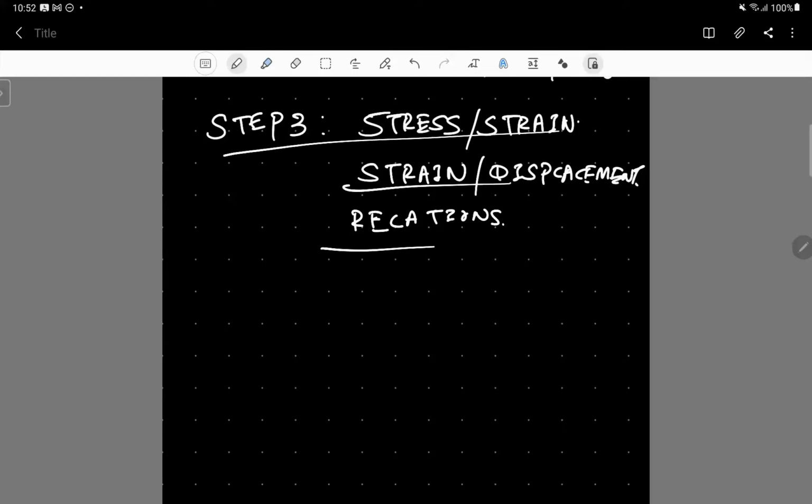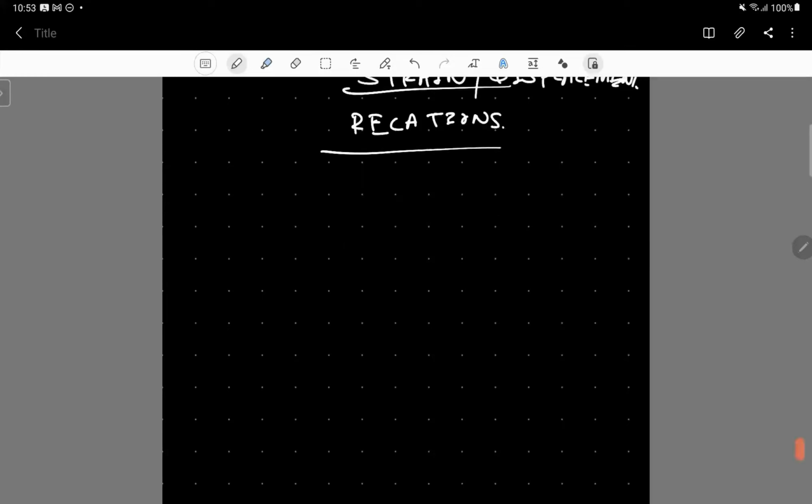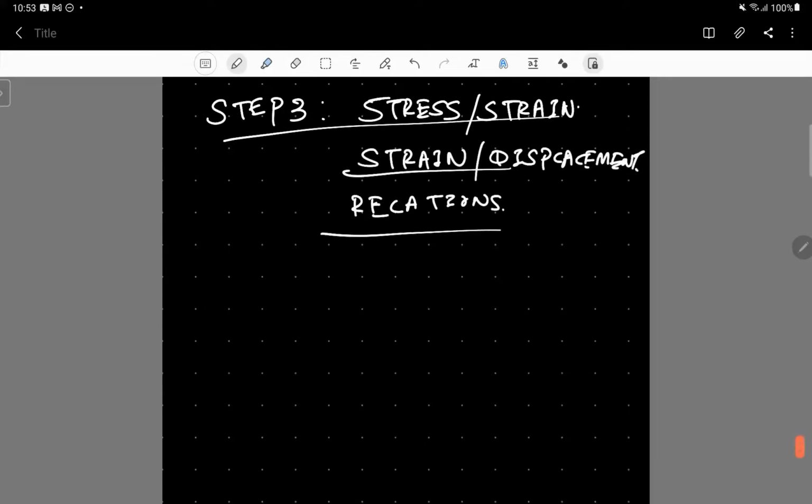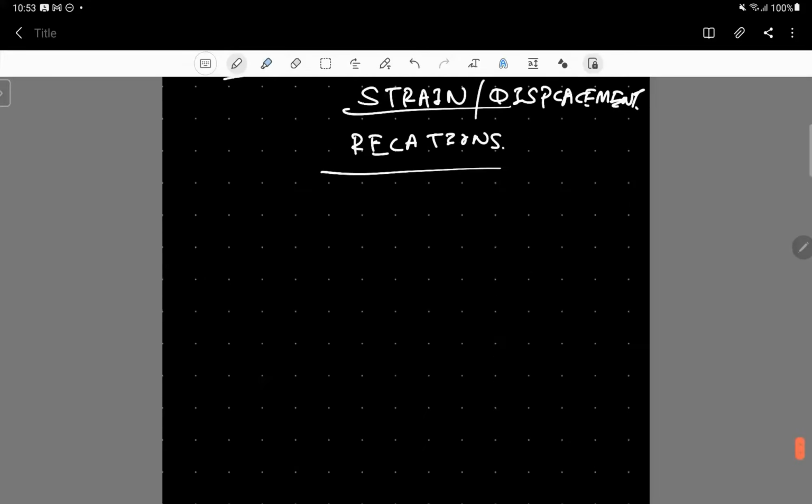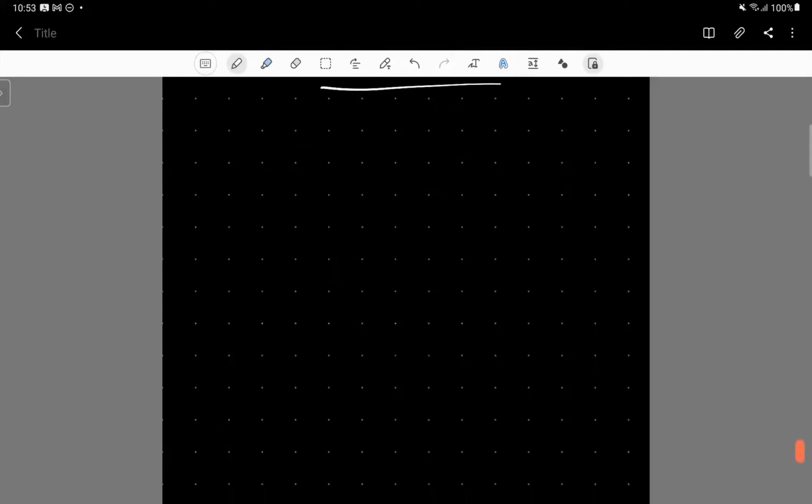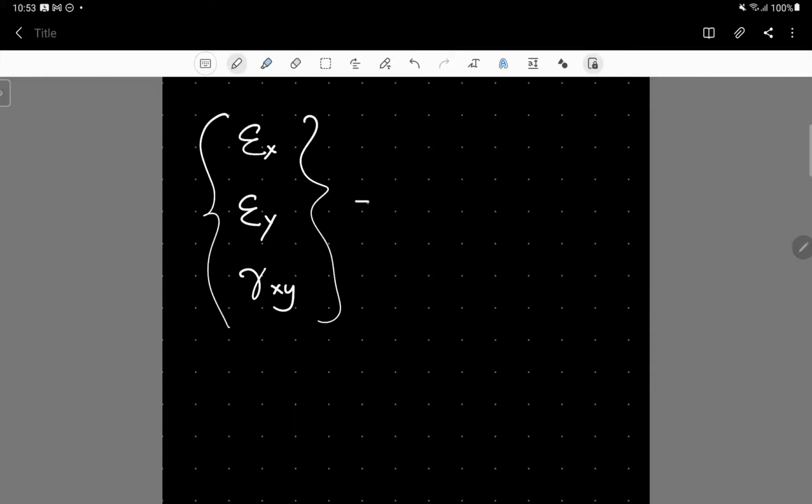Again, we are dealing with a two-dimensional element, so there will be two-dimensional stress, meaning the strain matrix will have 3 contributions coming from the strains in the x direction, y direction, as well as the shear strain in the xy plane.